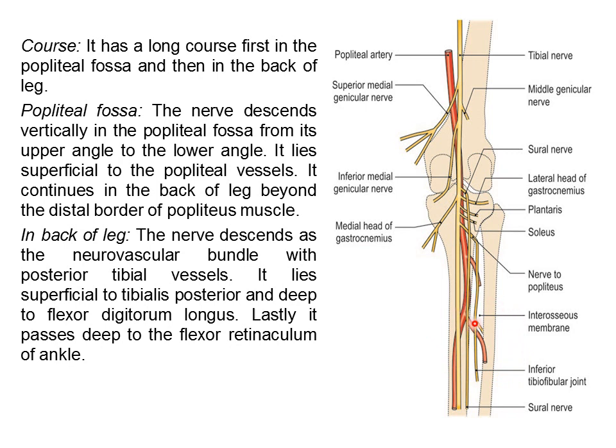So it lies superficial to the tibialis posterior and deep to the flexor digitorum longus muscle. Then finally it passes deep to the flexor retinaculum of the ankle, then enters the foot.